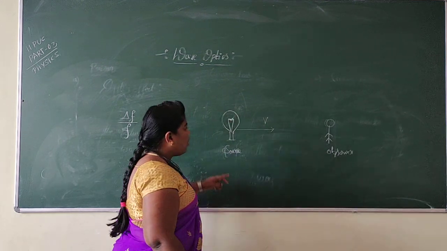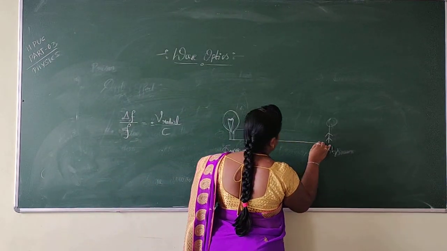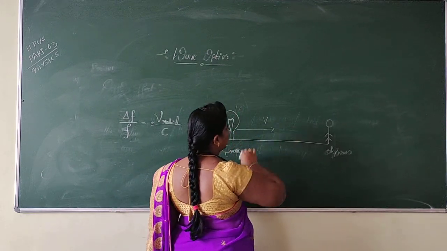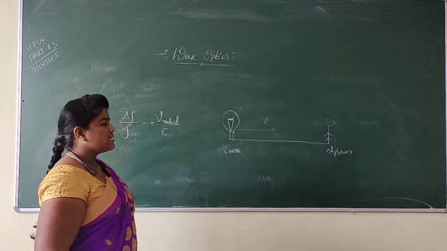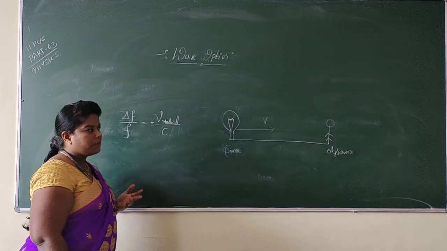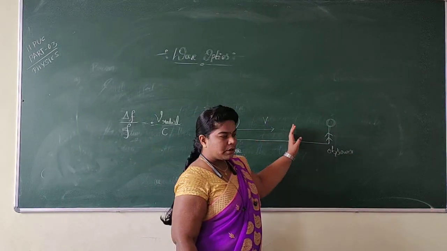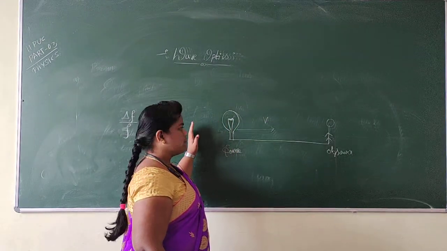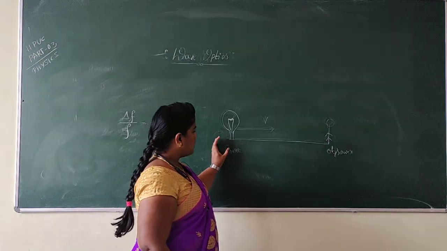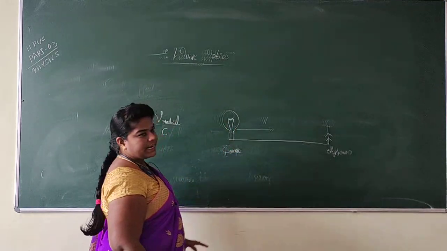The velocity of the source along the line joining the source and the observer is called the radial velocity. The source may move towards the observer or away from the observer, but the velocity is between the line joining the source and observer. That is why we write it as v radial.